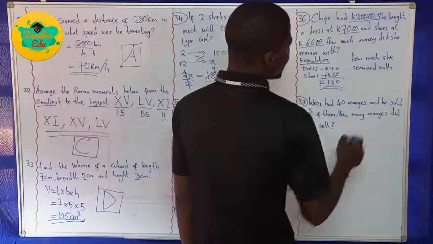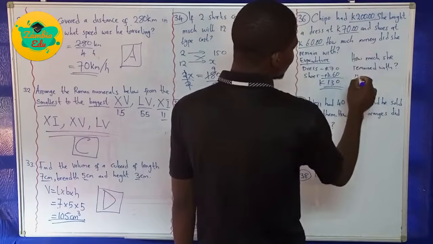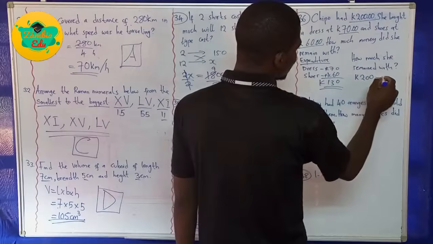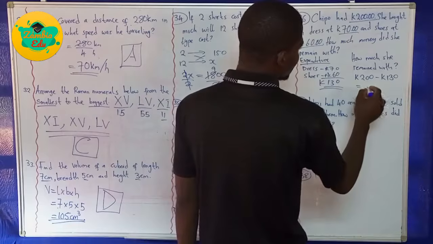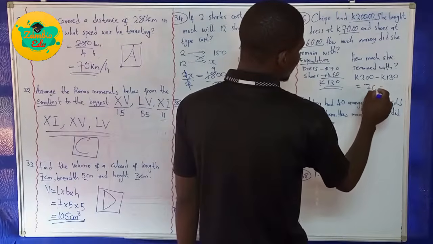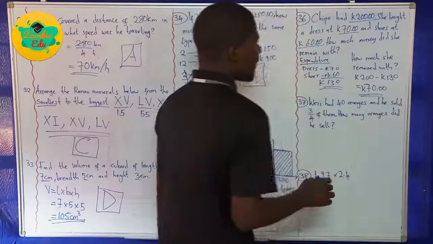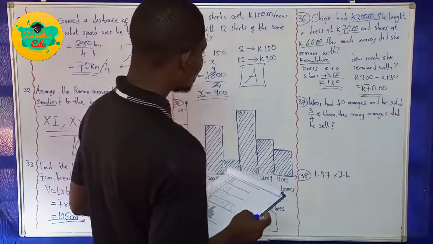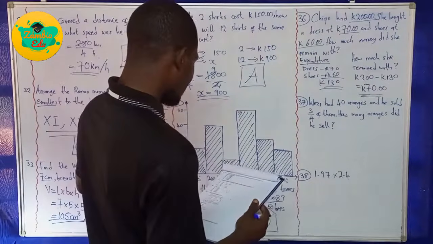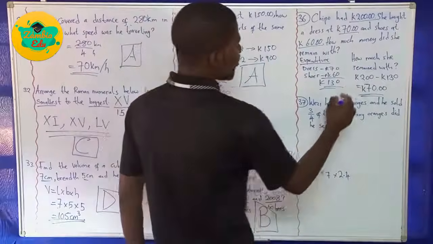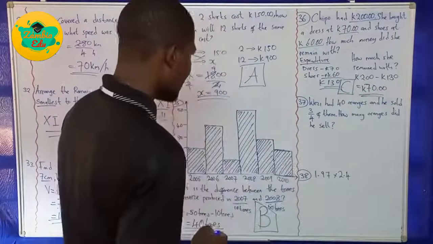For us to know how much she remained with, we are going to say the total amount she had, take away her total expenditure, which was 130, and that should give us 70 kwacha as the answer. And 70 kwacha on question 36 was represented as option C. So the answer for 36 was C.